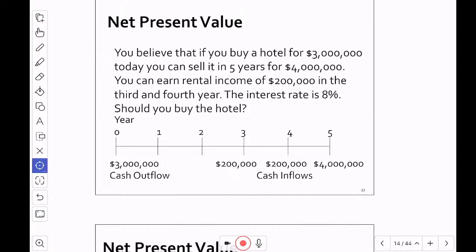So we found a way that we can earn rental income. And this is a capital generating investment, right? So it's giving us money. We're earning income.